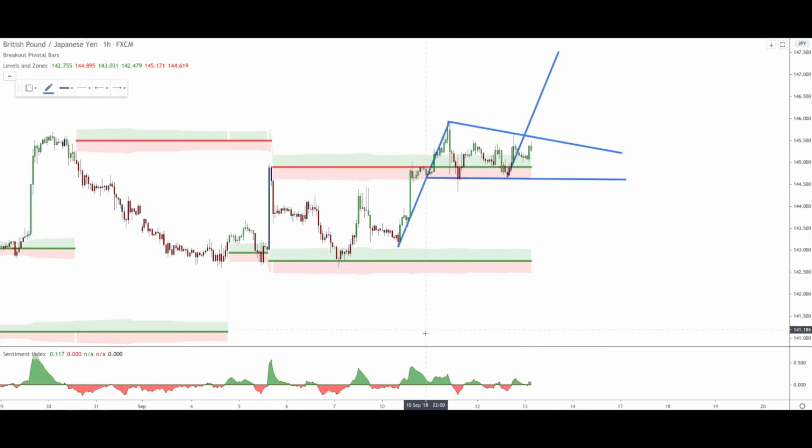Last thing is that when we look at the sentiment index, we can clearly see that it's trending down. So what does this mean? Well, if I draw another line here, this is the zero level. Let's see if I can draw a horizontal line.